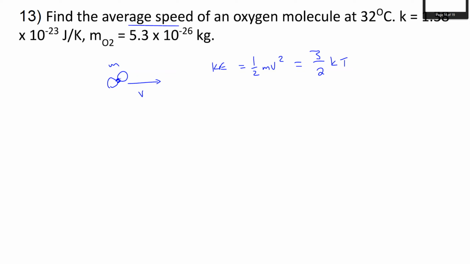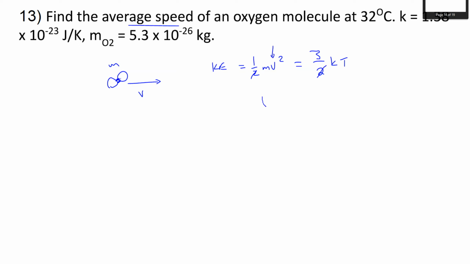Here it doesn't say velocity because velocity is a vector quantity. One moving left and one moving right would be two different directions, up, down, all that. We just want to know the average speed, so that's why it's specified that way. I'm going to let these 2's cancel out. I'm trying to get v by itself.